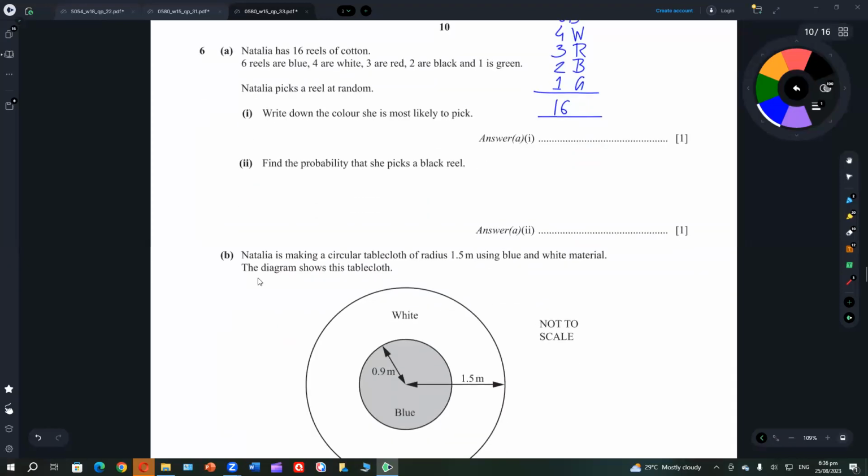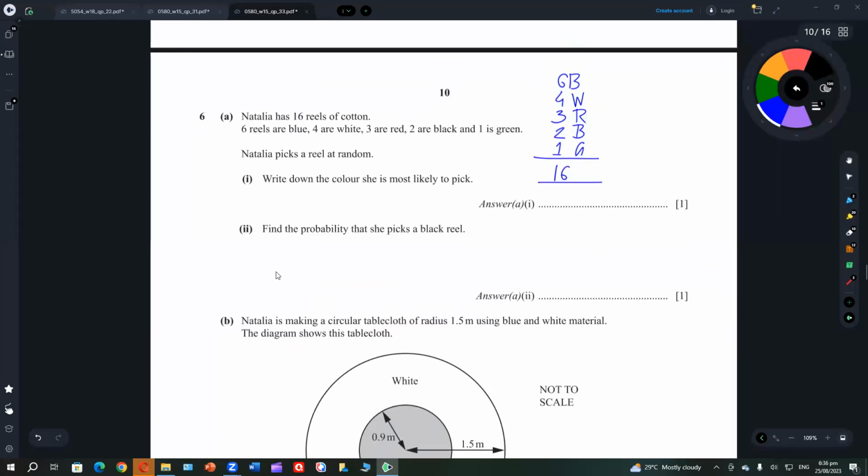Now write down the color she is most likely to pick. Most likely to pick is the probability. So what would be the highest probability looking here? It would be blue. Yes, highest blue, because blue is appearing the most.